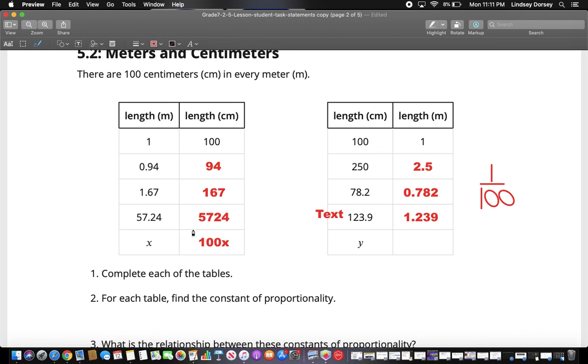So on the left table, I'll multiply by 100. Since my labels switch sides, I need to use the reciprocal. And the reciprocal of 100 is 1/100. So I would multiply that times my length in centimeters to determine the number of meters.